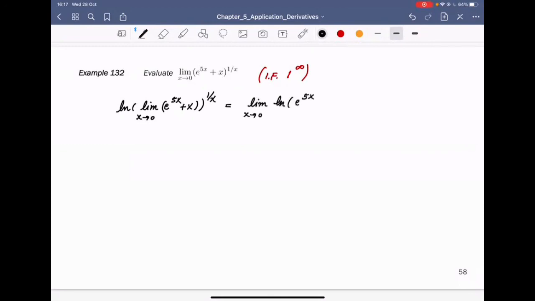I'm sorry that the parenthesis is not right. Okay, I swap log and limit. And then after that, I take 1 over x down.